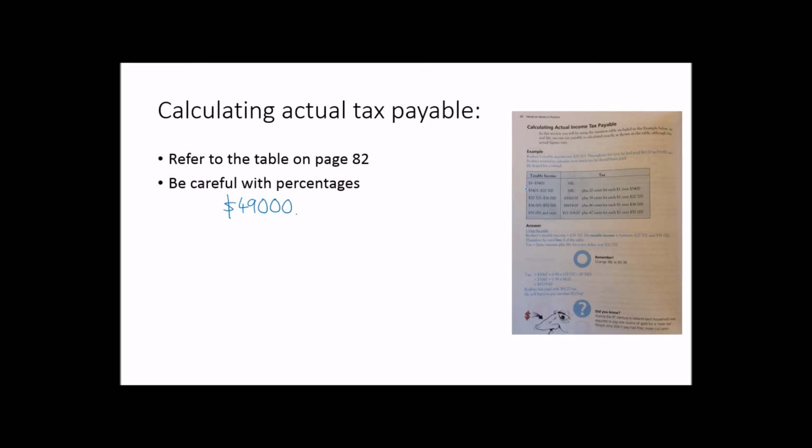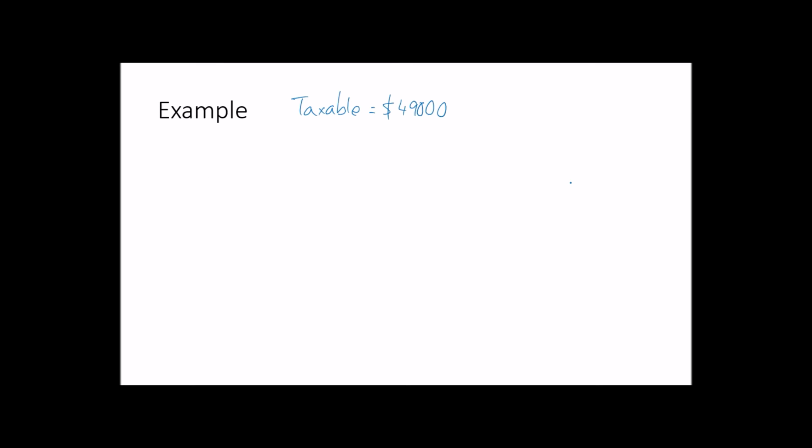The first $5,400 you pay no tax on. So there's going to be $5,400, and I'll call this dollars over here. Over here I'm going to put the tax amount, and for that amount there is no tax.